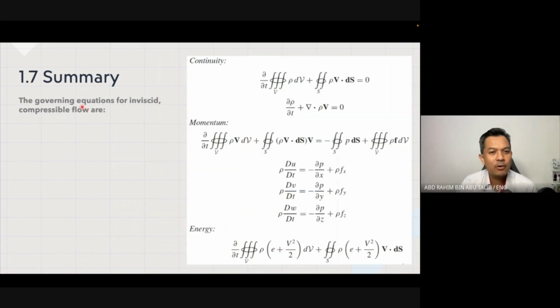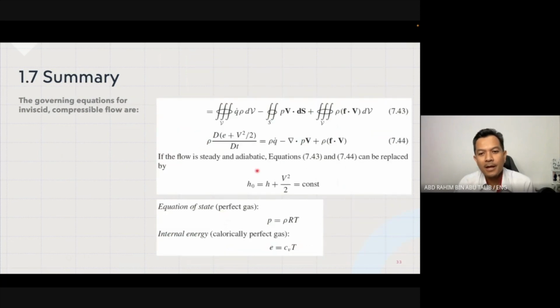For the governing equations of inviscid compressible flow, we have the continuity equation, the momentum equation, and the energy equation. These three equations are used to find the effect of compressible flow. If the flow is steady and adiabatic, the energy equation can be replaced by total enthalpy equal to constant. Then we use the equation of state and the internal energy equation.